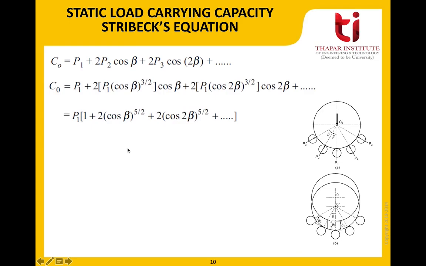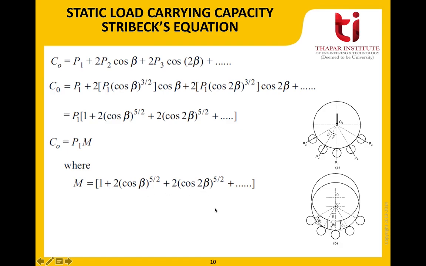As and when we do that, we can see that we can take P1 as a common term and rewrite this equation in this term. So we can write the above equation as C naught equal to P1 into M, where M is written as this term. Now just have a careful look that M is represented just in terms of beta term.